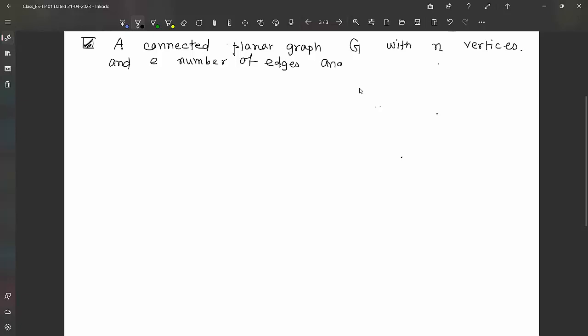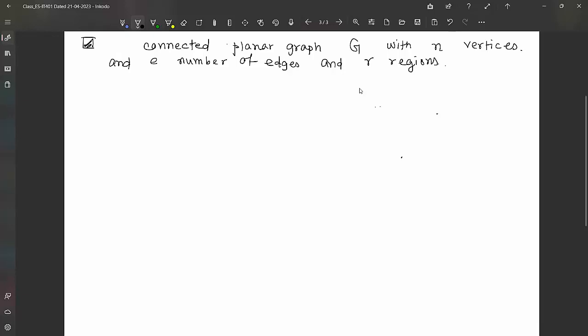So a connected planar graph G with n vertices, e number of edges and R regions.